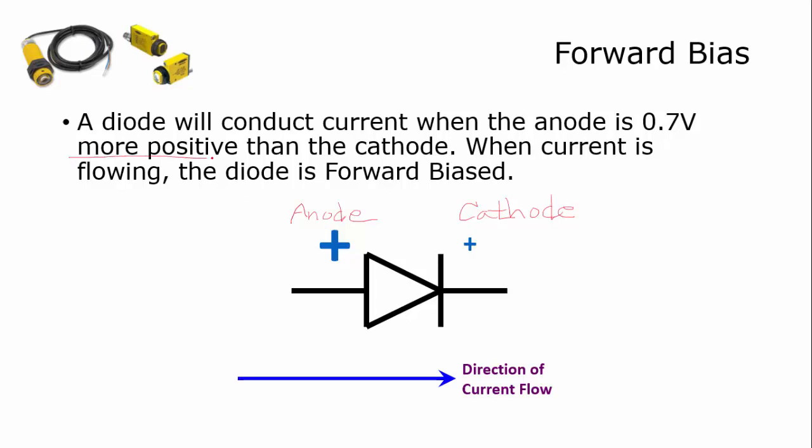Notice how I word that, more positive than the cathode. And when that happens, current will flow through the diode, and the diode is considered forward biased. Notice how I show a big plus sign here and a little plus sign there. This side is more positive than this side by 0.7 volts. Can be more than that, but 0.7 is when the diode starts to conduct, or when the diode's conducting, you've got 0.7 volts.